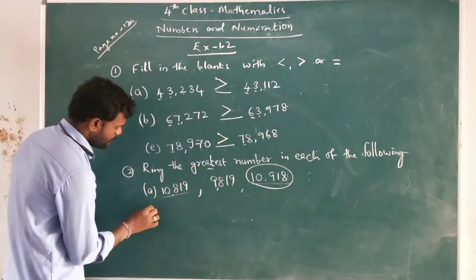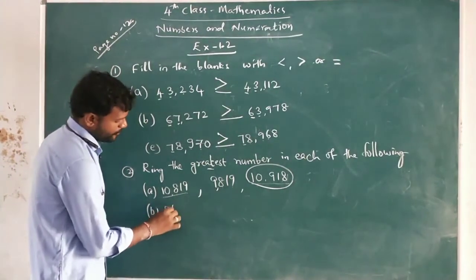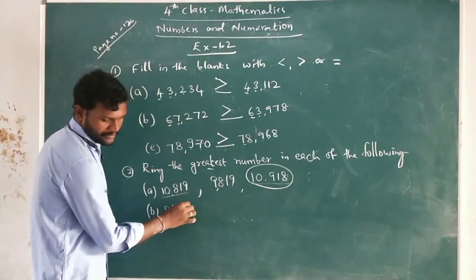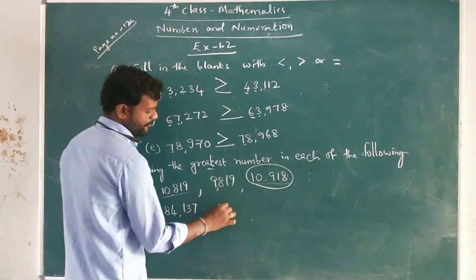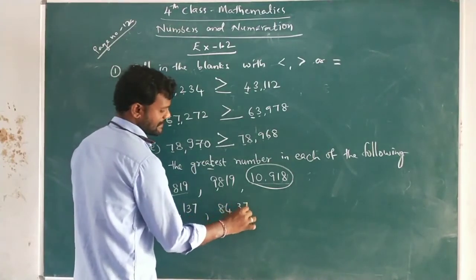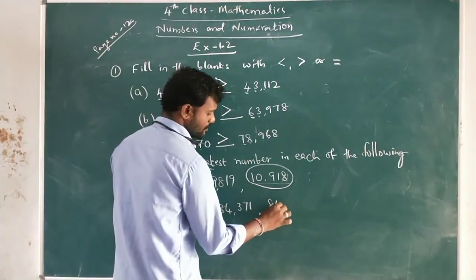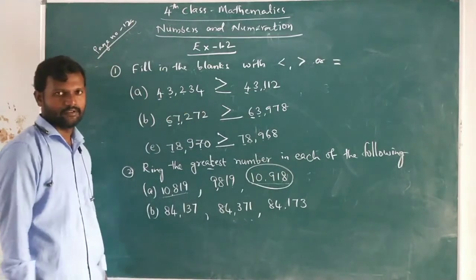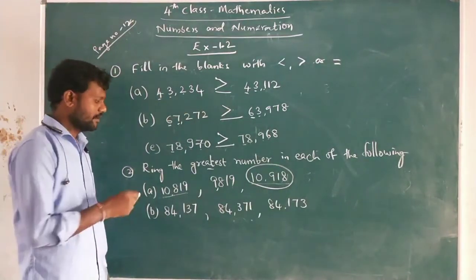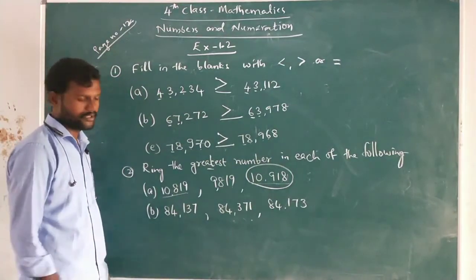Similarly, problem B. What is problem B? 84,137. Next, 84,371. Next, 84,173. Okay. Now, if you are not able to identify directly, then what do you have to observe?